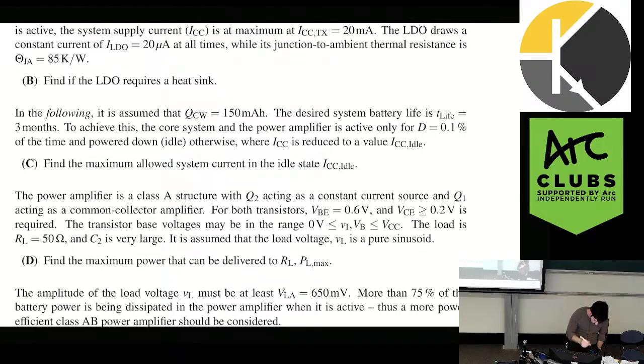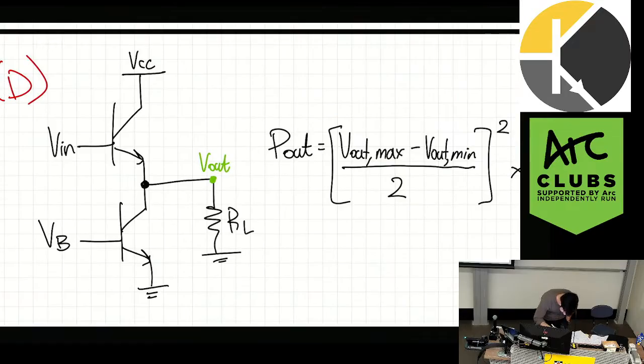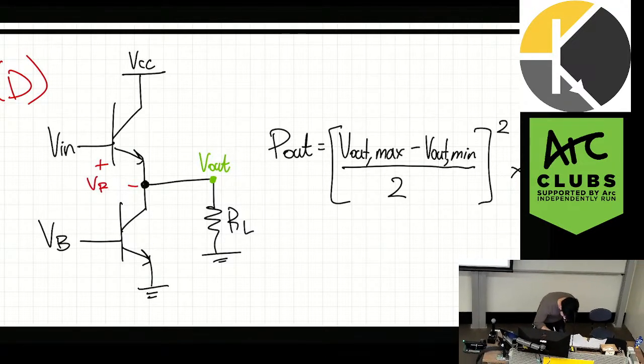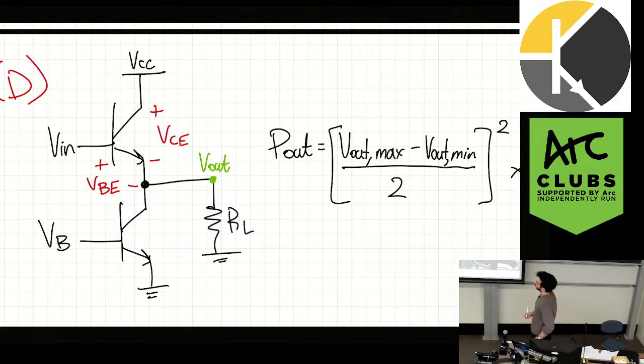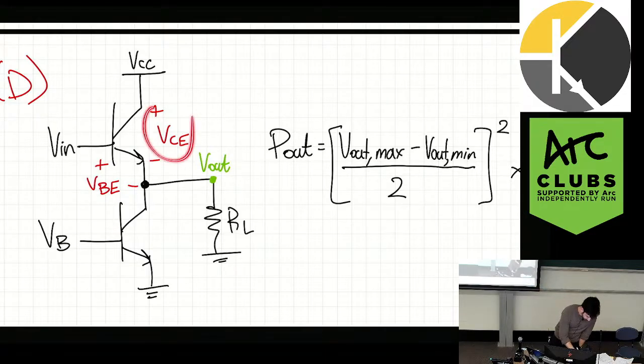Okay? So V out max, so I'll give you a quick way, or sort of a fast way of approaching these problems. Okay? So minus VBE, and then that there is VCE. That's what we're given. Now, to determine if V out will affect the transistor, you have to look at whether it will affect either of these voltages.